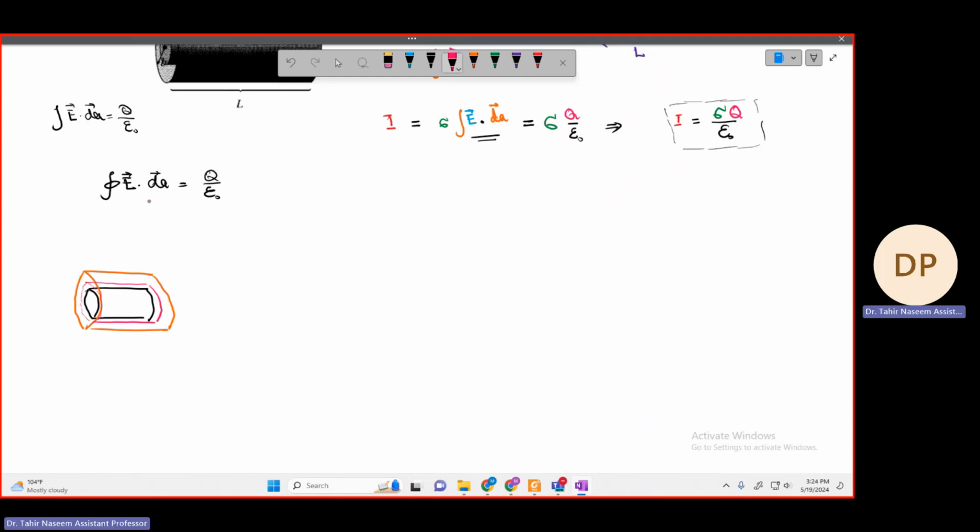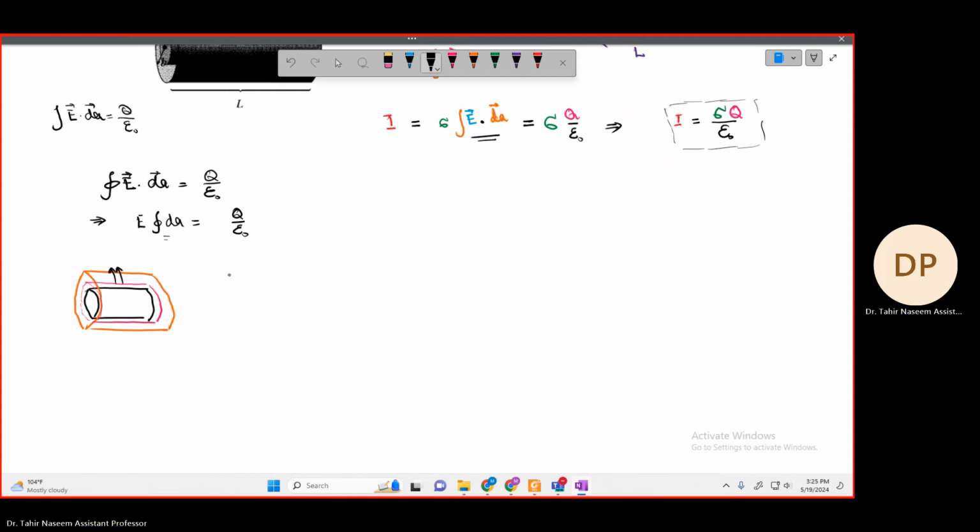And for that we can solve this. So we know in this case E and the direction of area elements are the same, like this. Okay, then I can take E out. If you are confused, you can see your lecture notes of Gauss's law, and then I can write Q over epsilon. And what is the surface area for a cylinder?